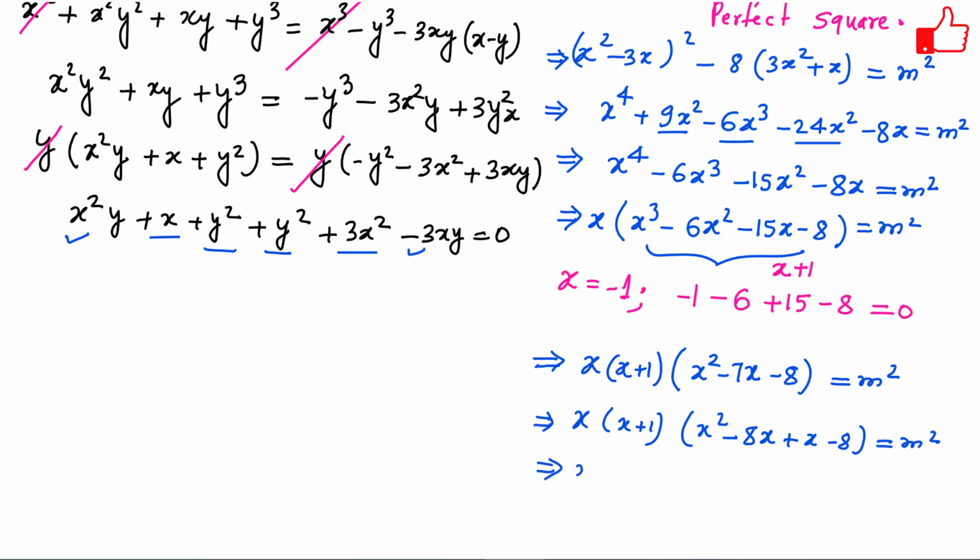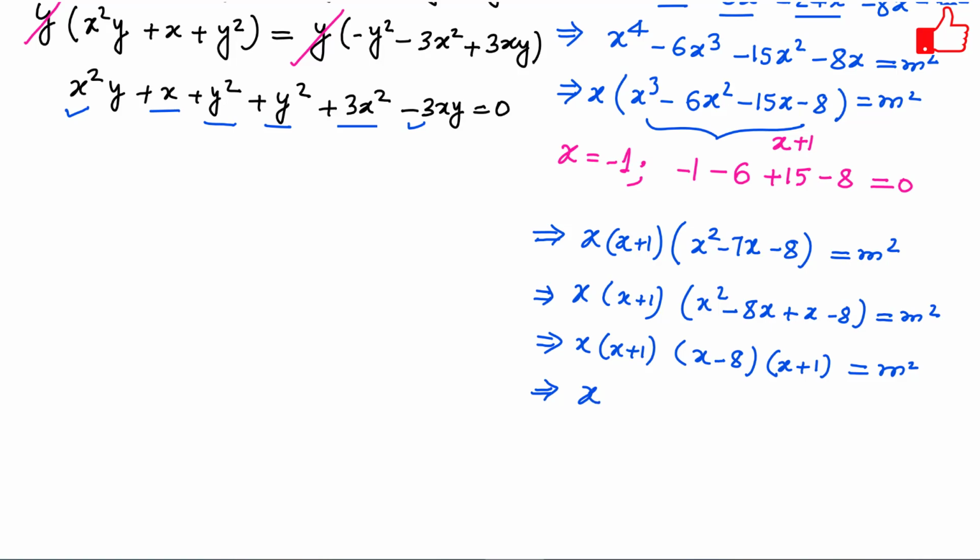So from here I can say x(x + 1), and I can write this as (x − 8)(x + 1). This is equal to m². So I can further re-express. So this becomes x, and this is x plus 1, this is x plus 1.